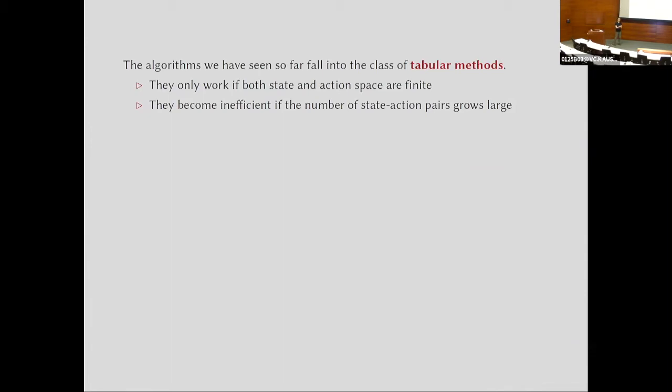Well, what we haven't used yet is that there might be some connection between state action pairs which are close by. Think of a continuous value function, then you only need to know one value and you have a good estimate for everything around that.